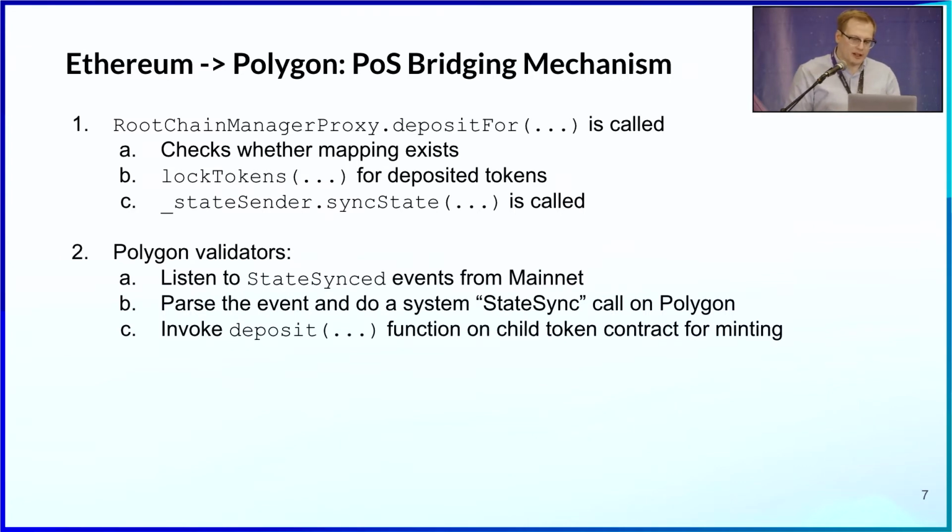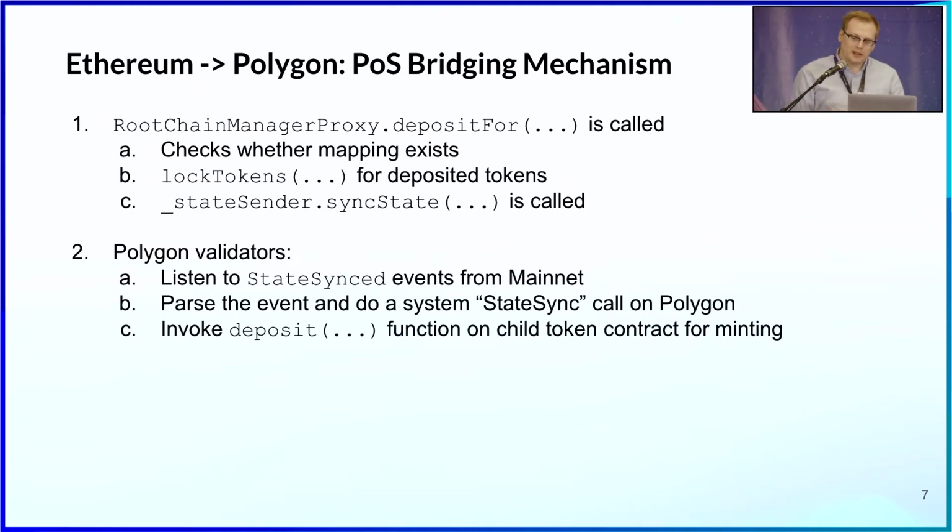There was a method called to lock tokens somewhere in there. And then the contract that handles the Polygon Bridge on Ethereum did something that says, let's emit this thing called a state sync event. And so that's what this state sync thing is. They emit this event on Ethereum, and then the Polygon validators watch for and process this event as part of their job.